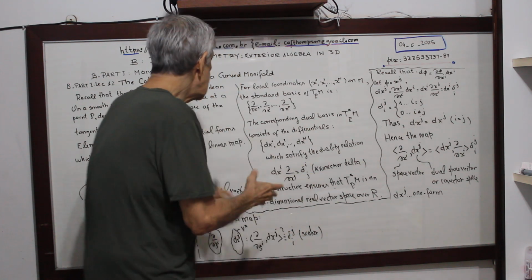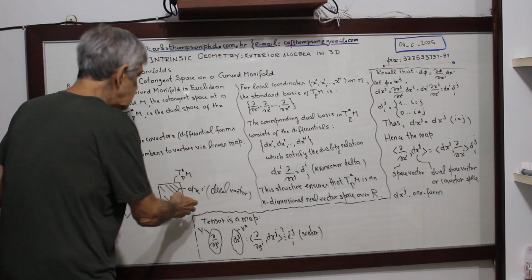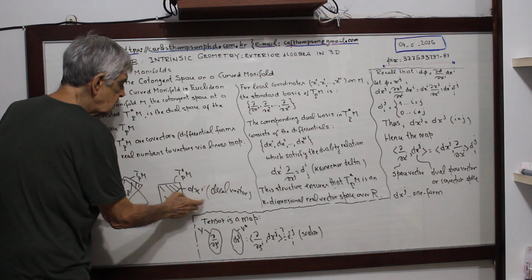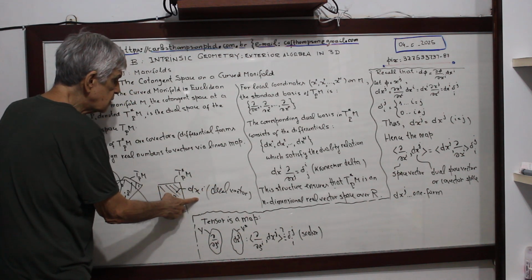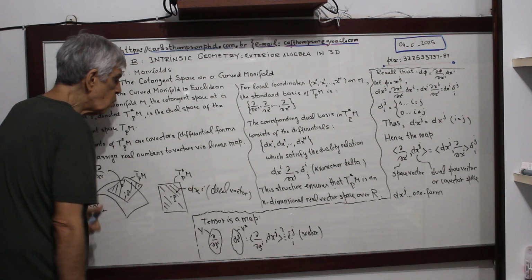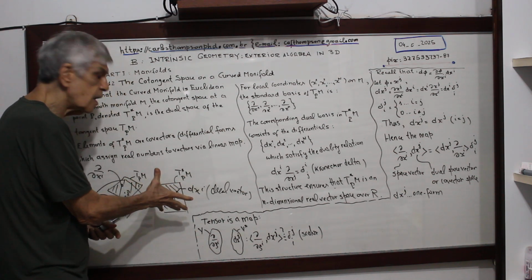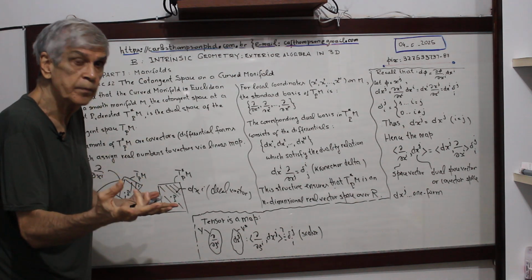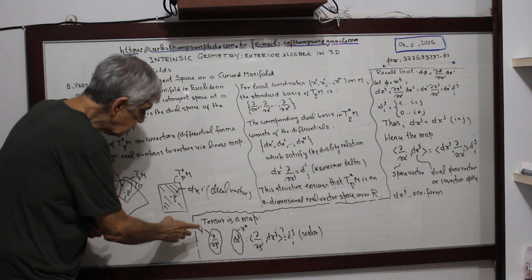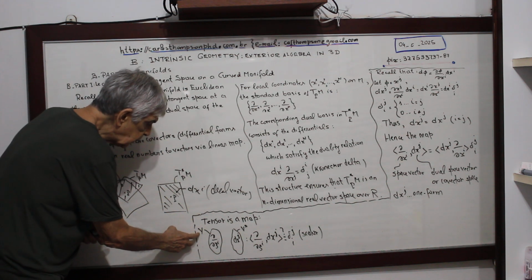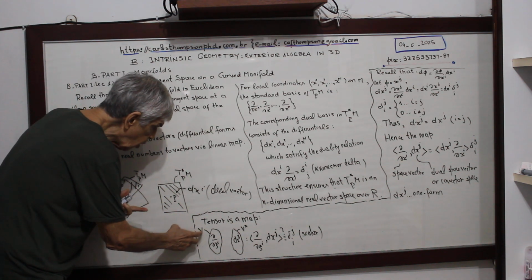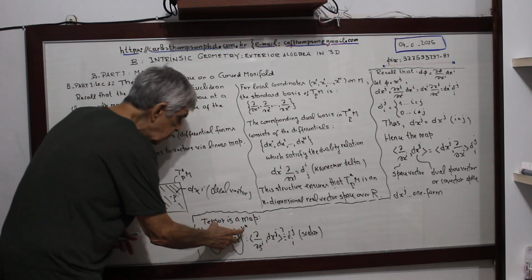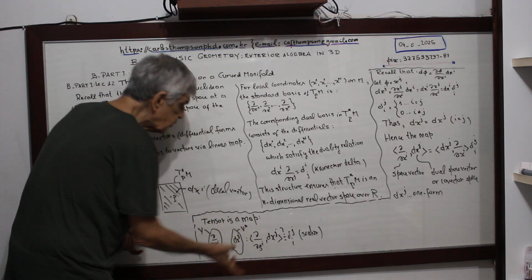So in this case, for the dual vector space, the basis is dx, dy. It's a one form in this case. We could have a two form. Then I have here, do you remember, V tensor product V, and V star tensor product V star.